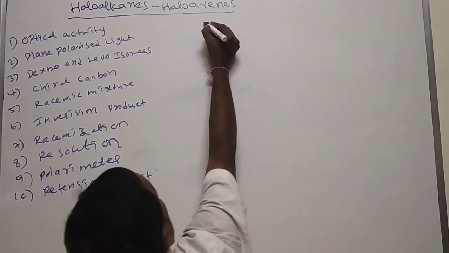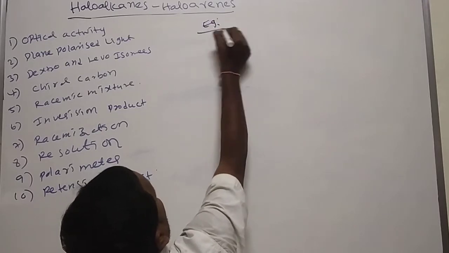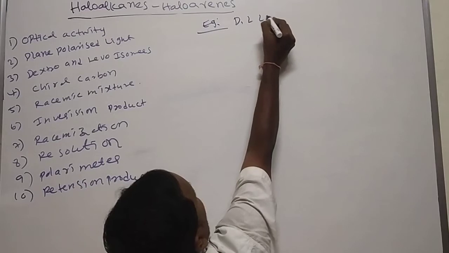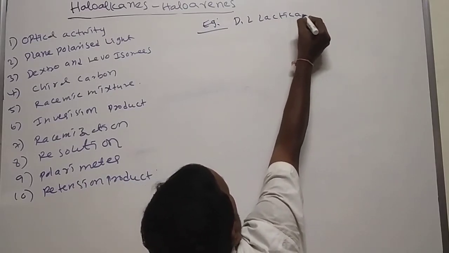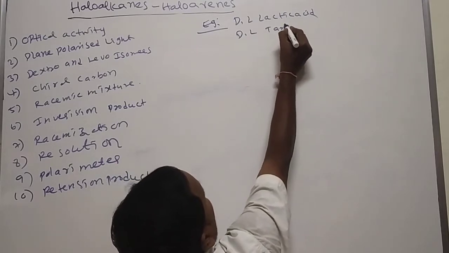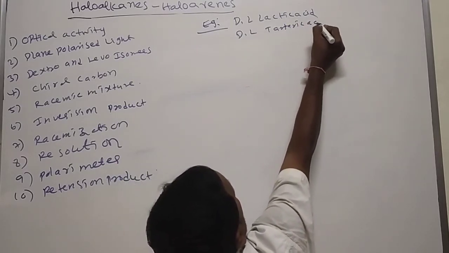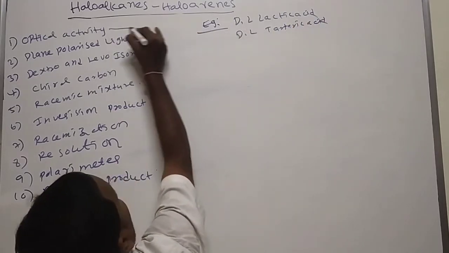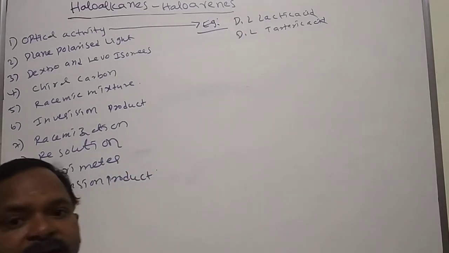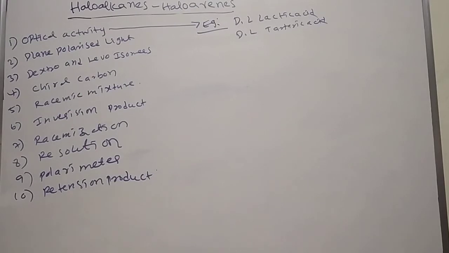Examples for optical isomers: so many examples are there, DL-lactic acid, DL-tartaric acid. These exhibit optical isomerism, and that phenomenon we call optical activity.